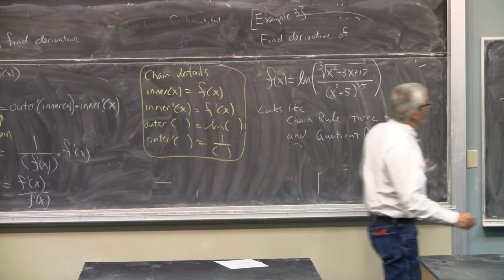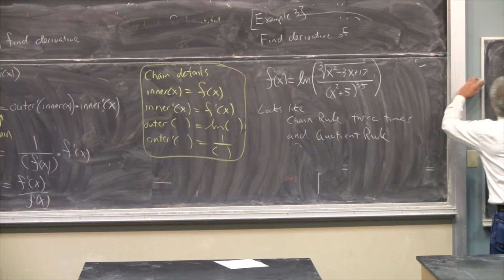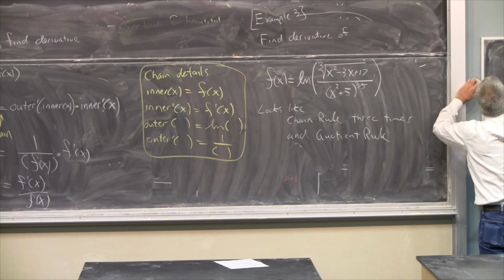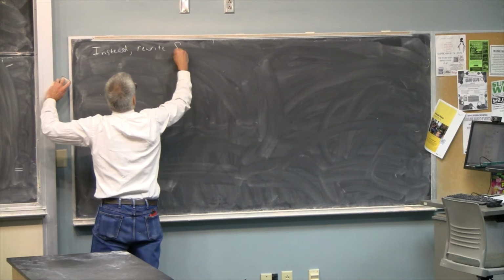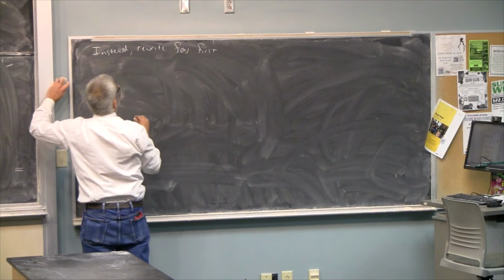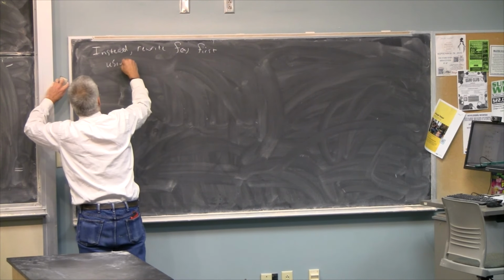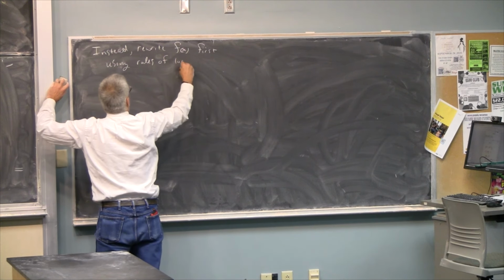So the easier way is to do what Emily said, which is postpone doing the derivative. Rewrite the function first. So we're going to rewrite f of x first using rules of logarithms.